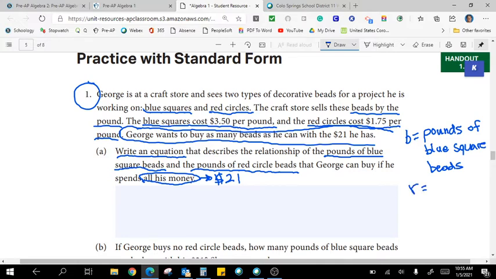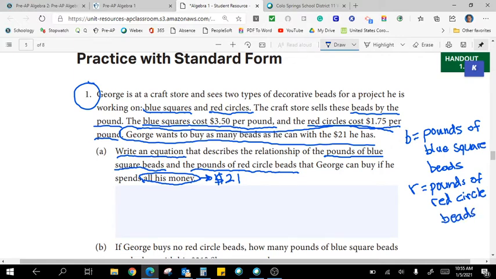That will save you in the long run. Just write those things out so that you know B is going to equal the pounds of blue square beads. So R is going to equal the pounds of red circle beads.